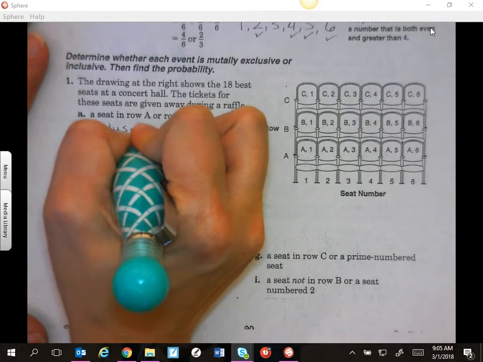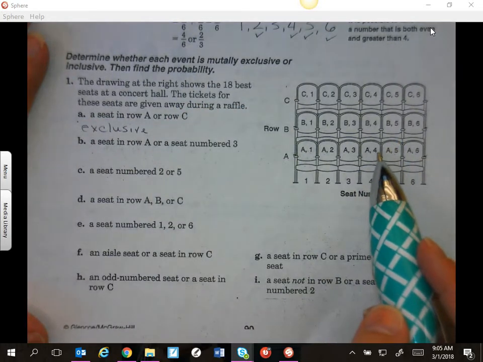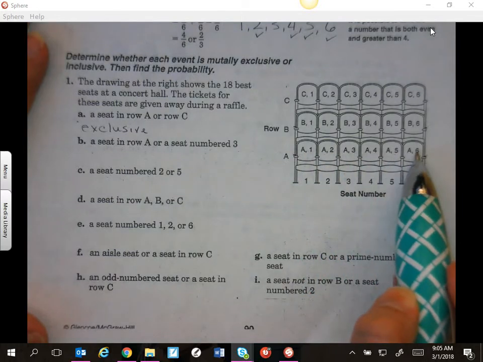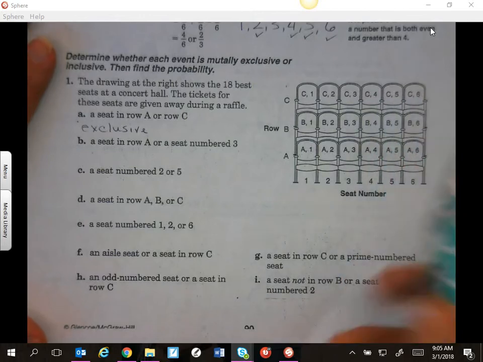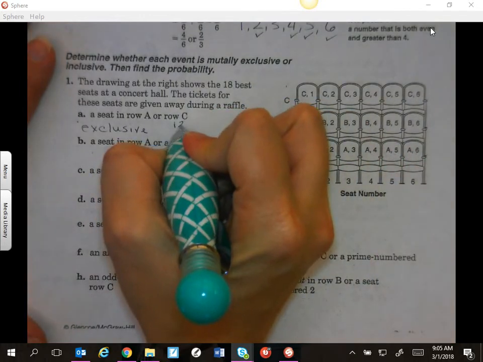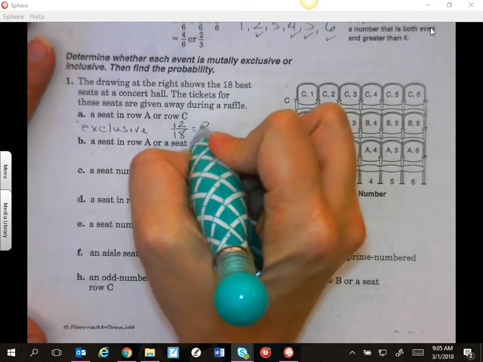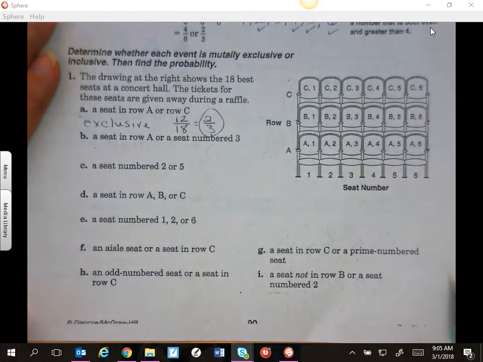What is the probability of being in A or C? Well, we have 1, 2, 3, 4, 5, 6, 7, 8, 9, 10, 11, 12 that we want in A or C out of 18 total seats, which simplifies to 2/3. Okay, or 2 rows out of 3.